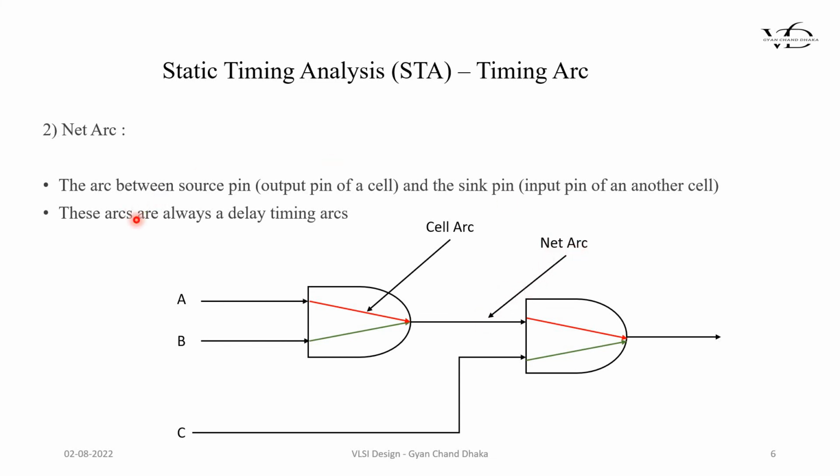These arcs are always delay timing arcs, so they always have information about the delay of that particular net. By definition, the net arc is between the source pin, which can be the output pin of a cell, and the sink pin, which is the input pin of another cell. This is the net arc.